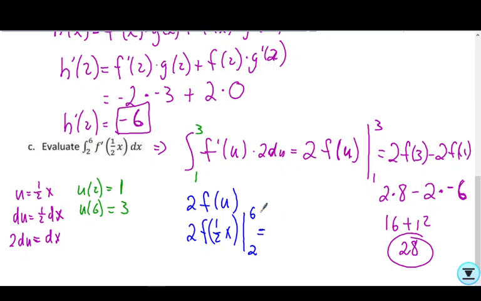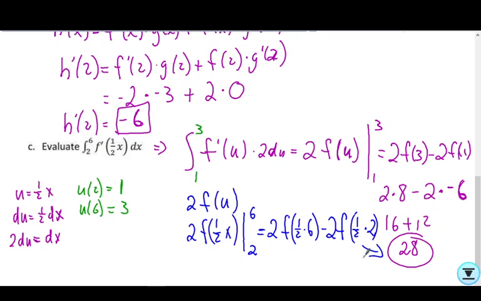Because when you plugged in the 6, it would have been 2 f of 1/2 times 6 minus 2 f of 1/2 times 2. And 1/2 times 2 is 1, and 1/2 times 6 is 3. You still would have gotten 28.